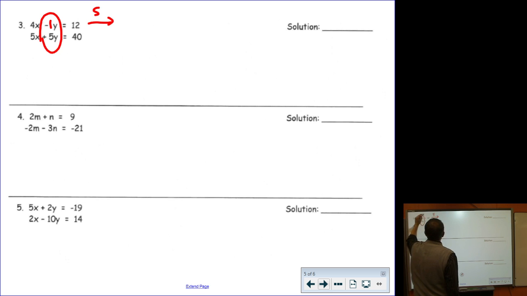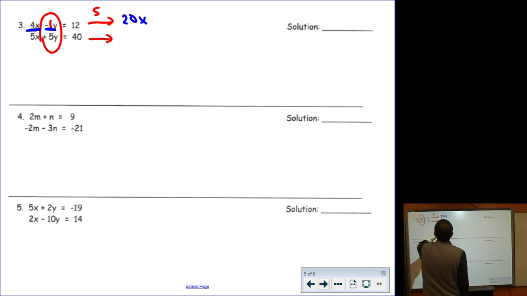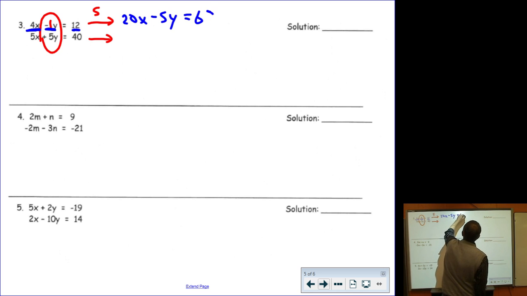So I'm going to multiply the top equation by 5, and I'm going to leave the bottom equation again as is. When I multiply the top equation by 5, 5 times 4x gives me 20x. 5 times negative 1 gives me negative 5y. And 5 times 12 gives me 60.